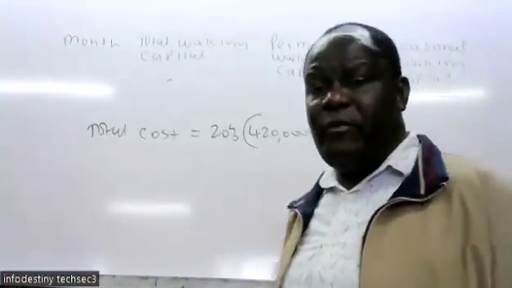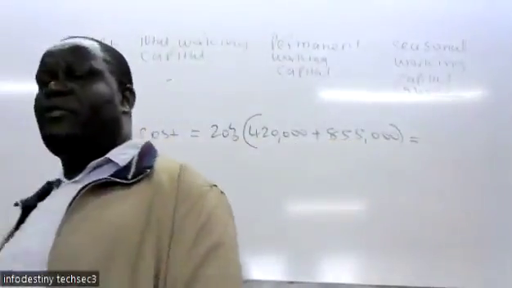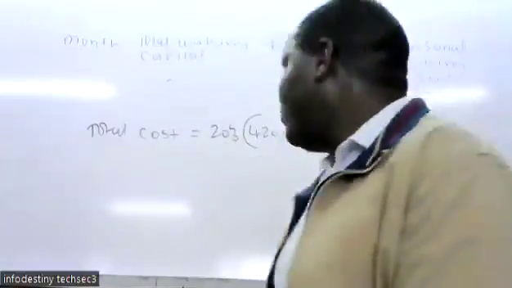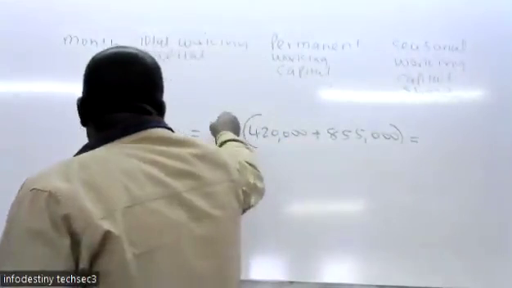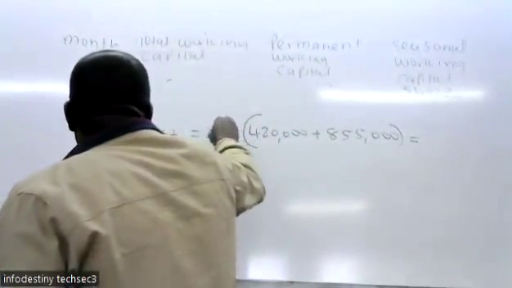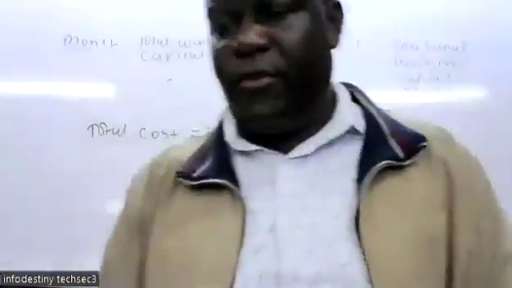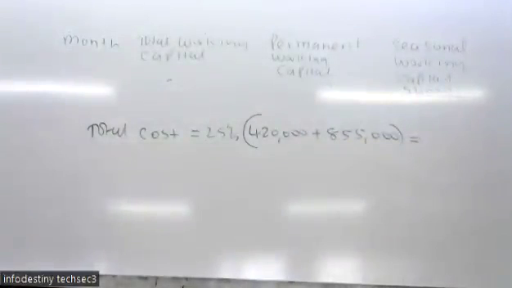Check in the question, what is the cost of the long-term funds? We just repeat what we have done. Only change this one to 25% and get that total cost, because all of them are financed using the long-term sources of finance.